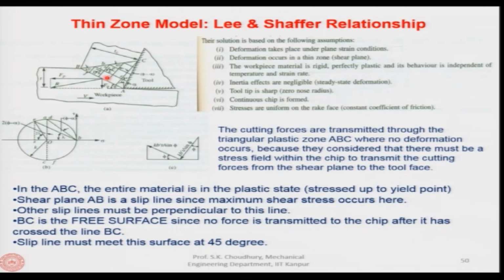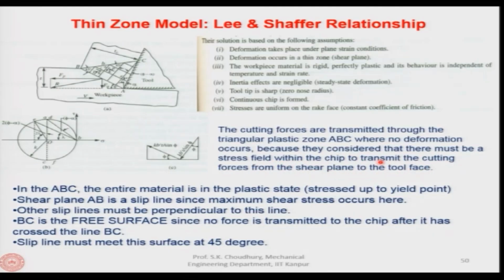Meaning that if there is a resultant force acting on the chip from the workpiece through the shear plane, for this to be transmitted towards the rake face of the tool, it has to go through a triangular plastic zone ABC, because they considered that there must be a stress field within the chip to transmit the cutting forces from the shear plane to the tool face.